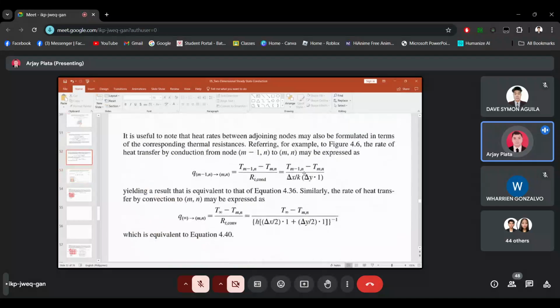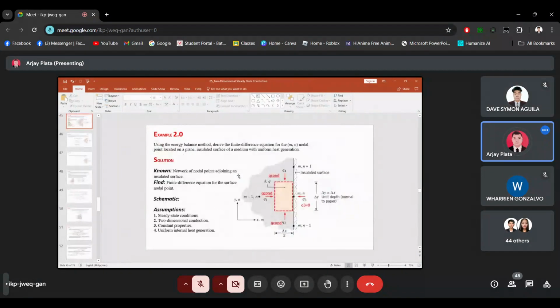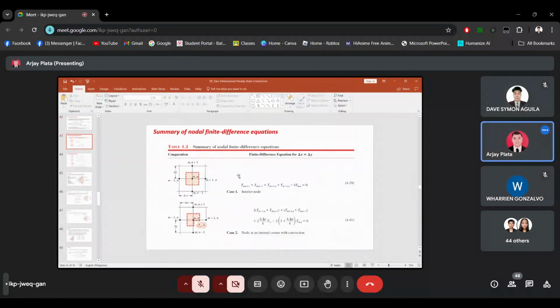This equation is case number 1, for interior nodes, okay?